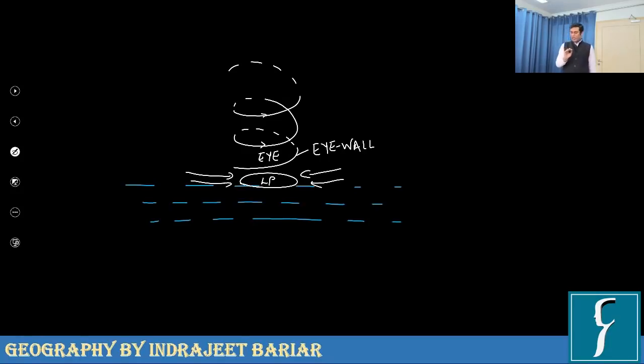Here you are using a law in physics called the law of conservation of angular momentum. You're not required to know the law or anything. I'll just give you one or two examples so that you will figure out why it is happening, with the examples that we were told in our school textbooks about the application of this law.